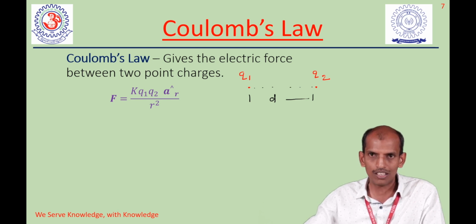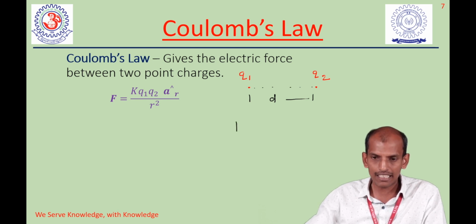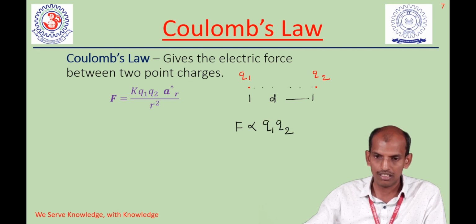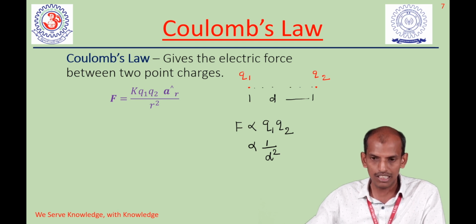So the force of attraction or repulsion between them is directly proportional to the magnitude of the product of charges and inversely proportional to the square of the distance between them. This is what he said. So F, the magnitude of the force, is directly proportional to the product of the charges and inversely proportional to the square of the distance between them.